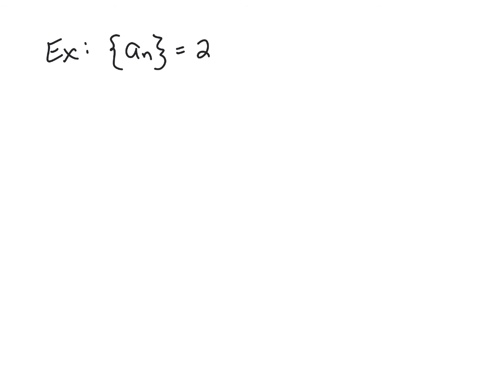as 2n, for instance. So n starts at 1, then you plug the 1 in for n, and you'd say 1 times 2. The next counter is 2. I'll write this down and then show you.